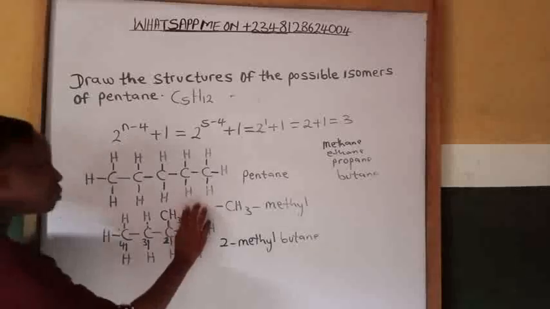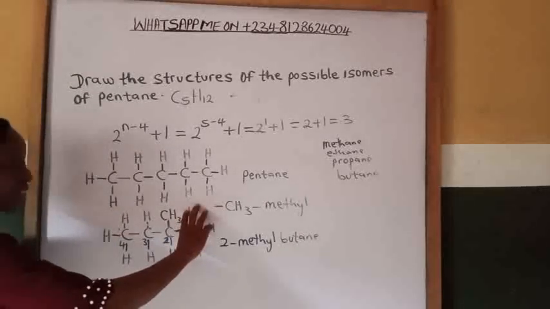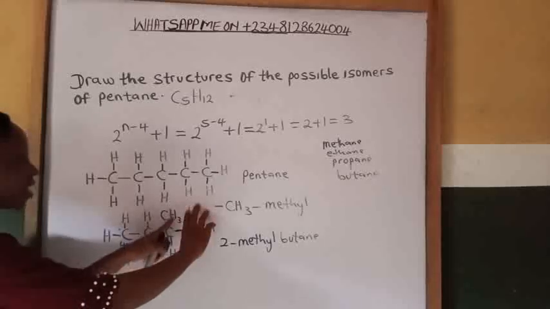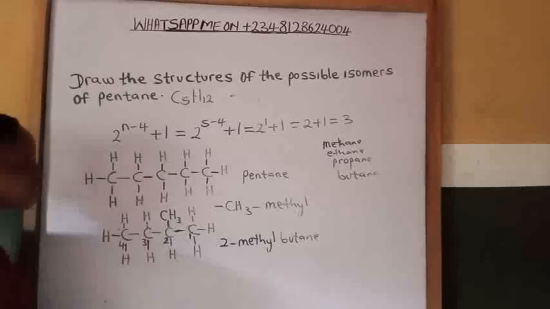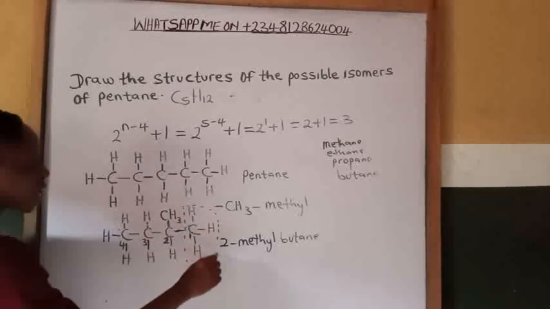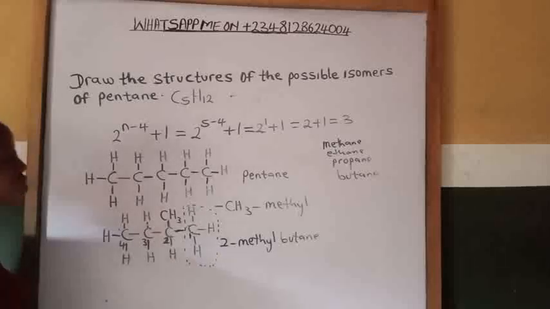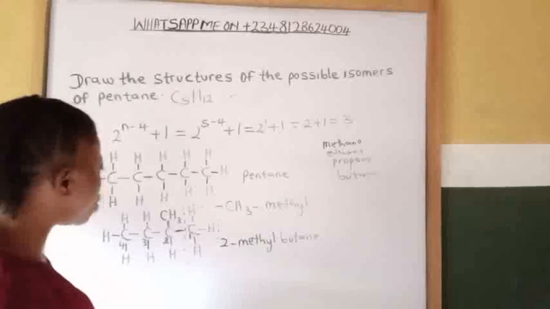Now, if I remove this CH3 from this side, the CH3 will be on the first carbon atom here. Don't forget that the carbon atom you remove must not be on the first carbon atom at the right or at the left.